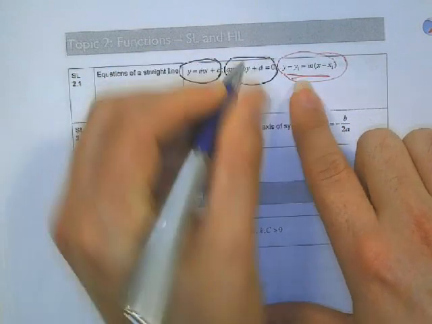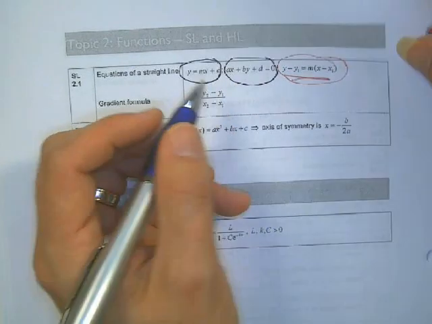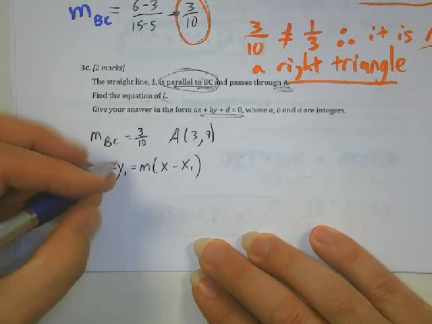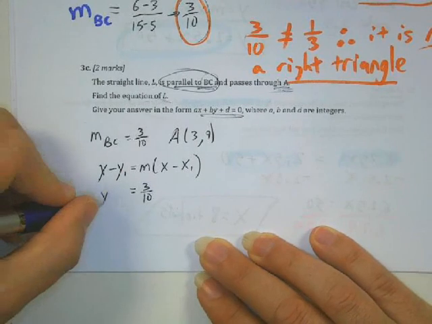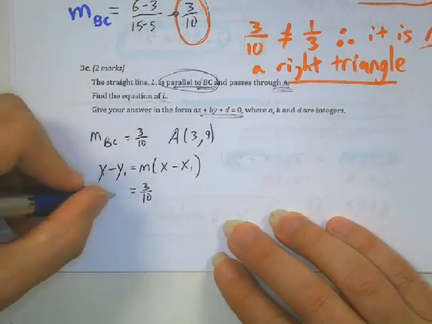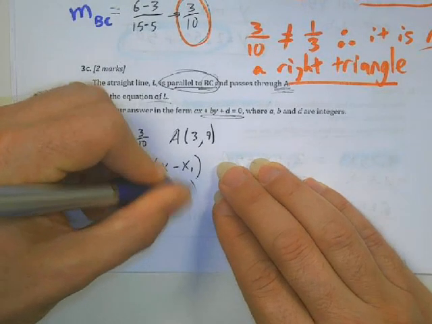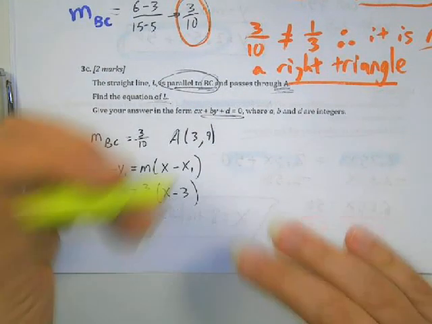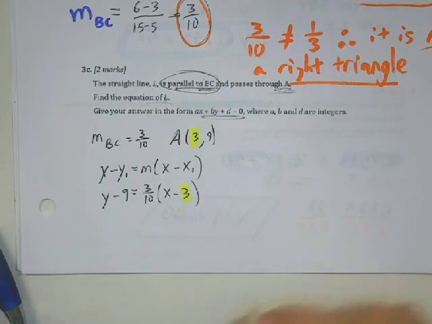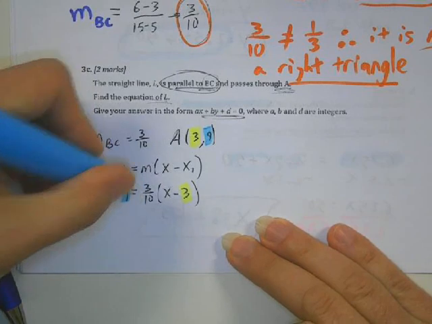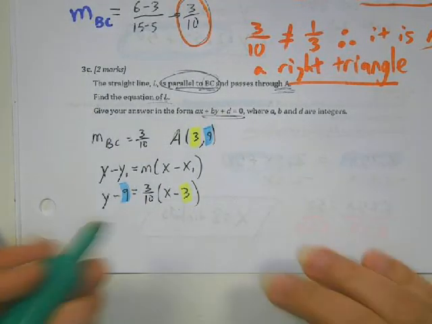Okay, so I like to start off with this one here, and then we rearrange it to make it look like this. So we know our slope is 3 over 10, and we know our point A is 3, 9. So I'm going to put in 9 there and x minus 3 there, because our x value is 3, our y value is 9, and our slope is 3 over 10.